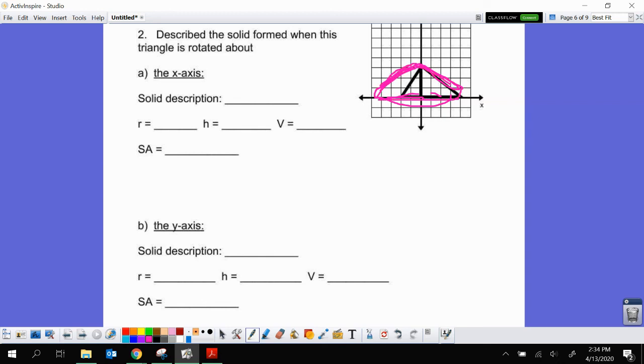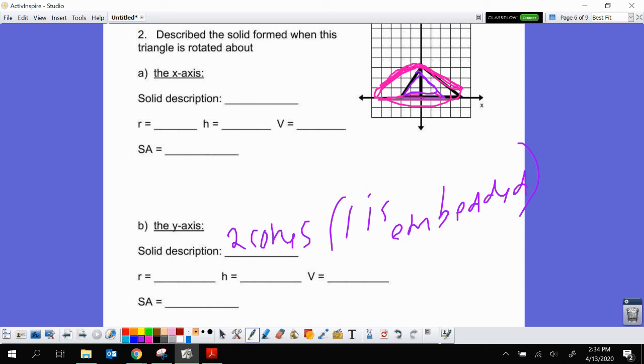This is just a bigger cone with that smaller cone inside, because when we flip over that smaller cone, it's just going to be inside that one. And so this is still going to be 2 cones, but one is embedded.